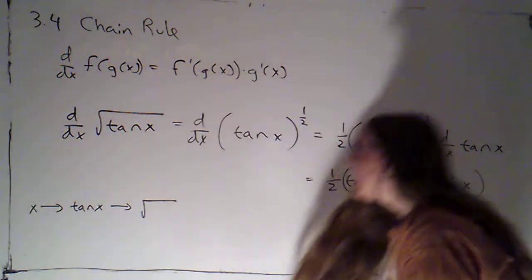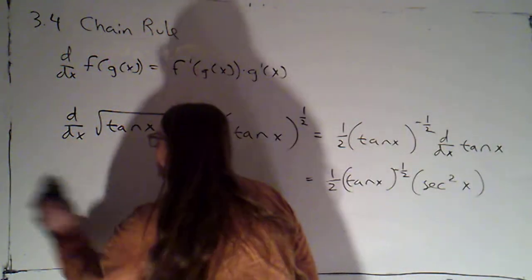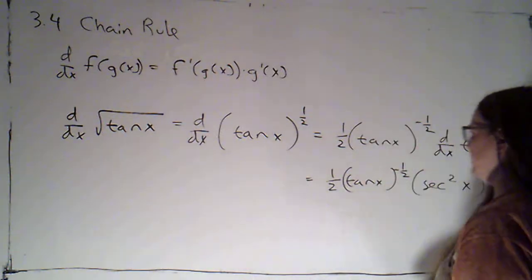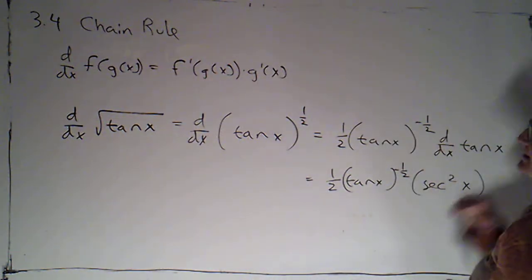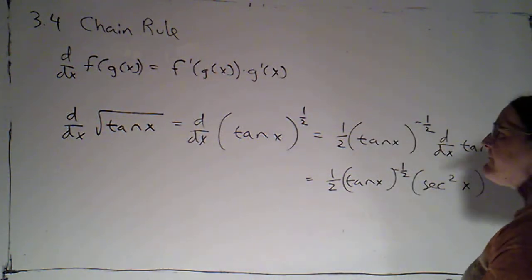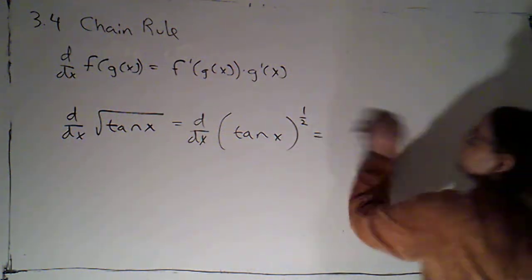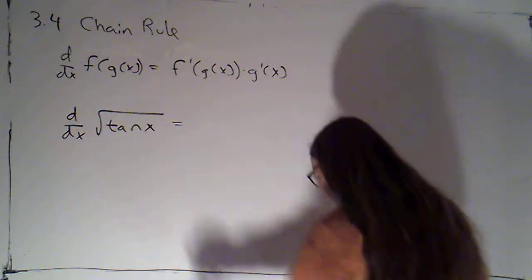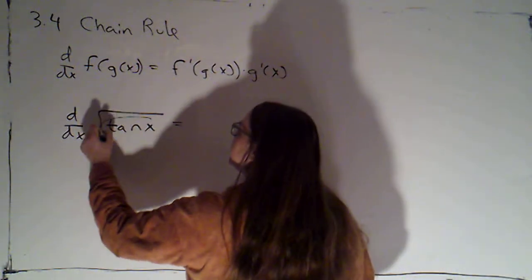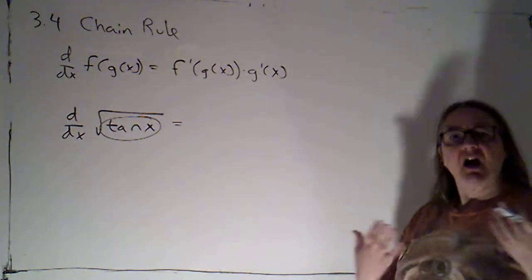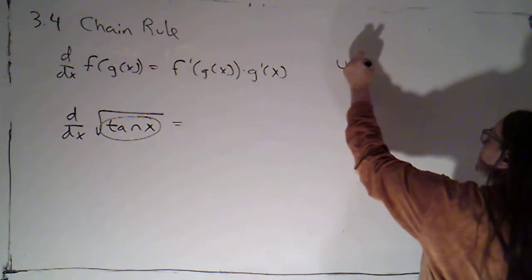Okay. Now I'm just going to show you a notational option for working with this. If I wanted to, I could give this inside function a name. I could call it u.